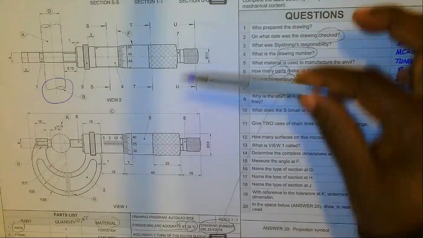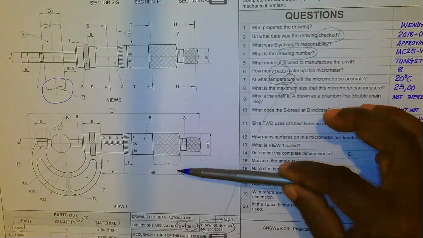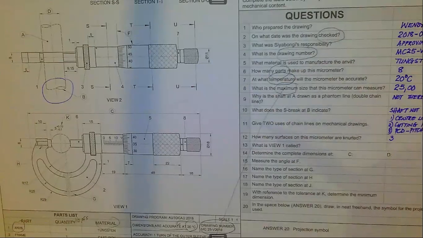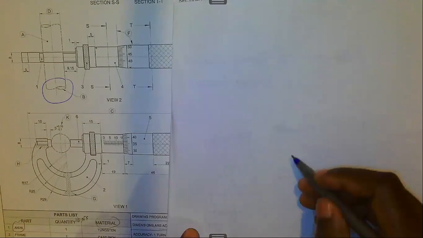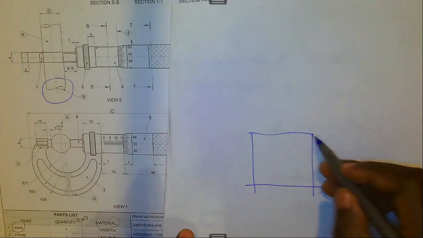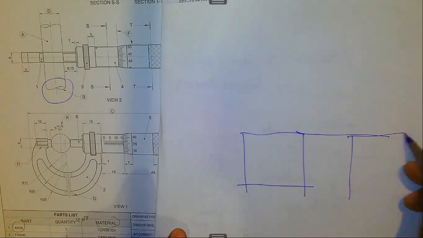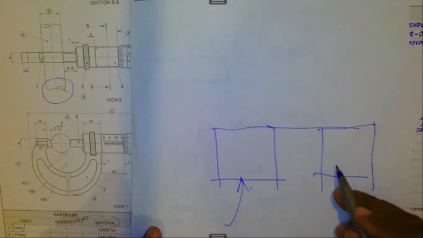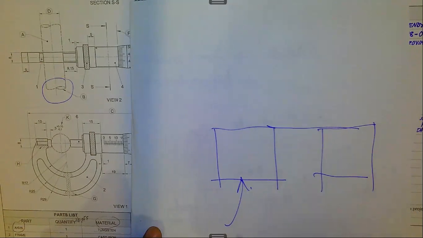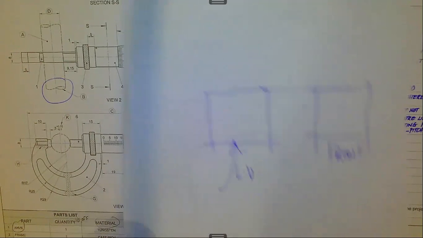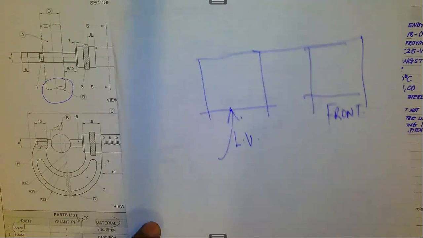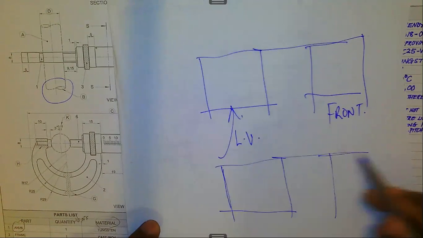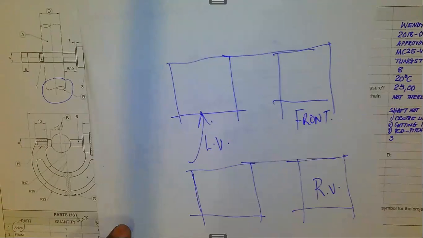If we have two views like this in paper 2 and there is a mention that there is a left view, then the view on the left is your left view, and automatically this one becomes the front view. Given two views like this as well, and it is mentioned that there is a right view, automatically this becomes the right view, and this one becomes the front view.